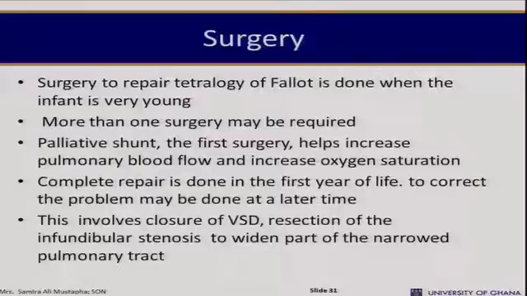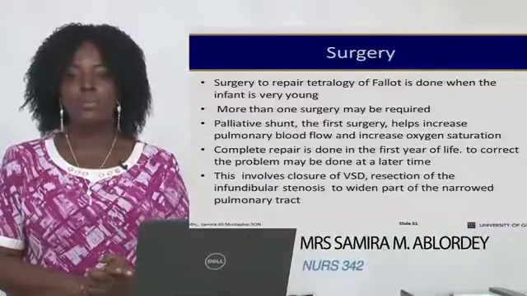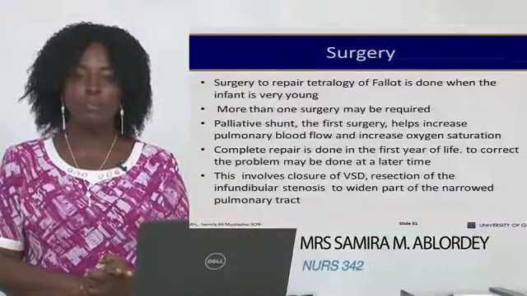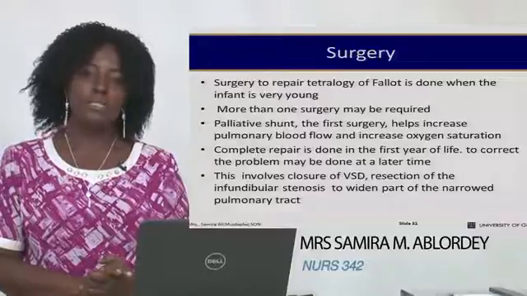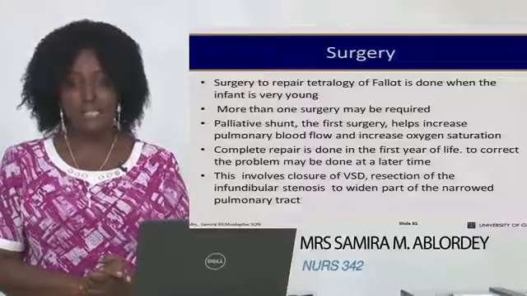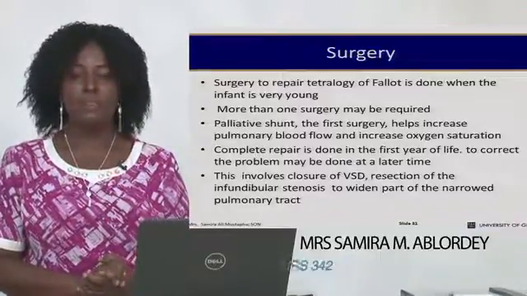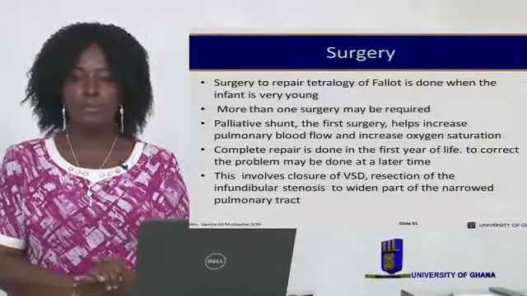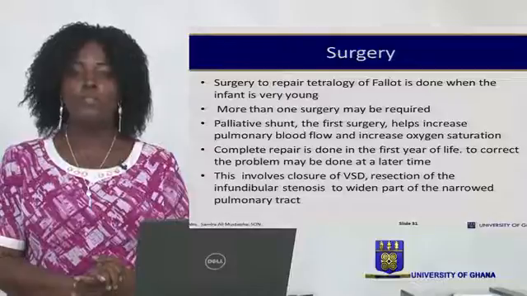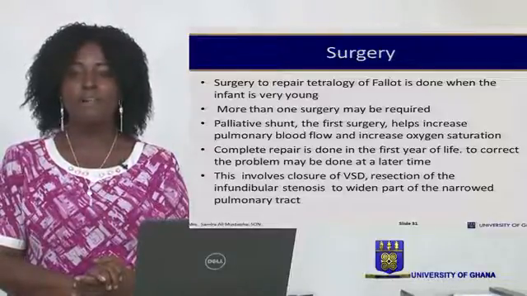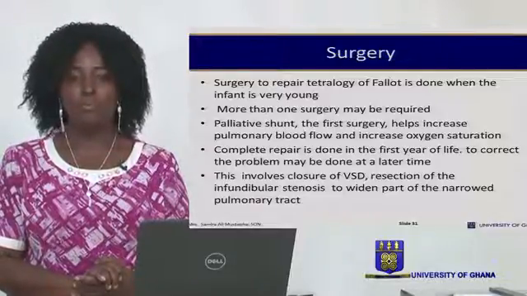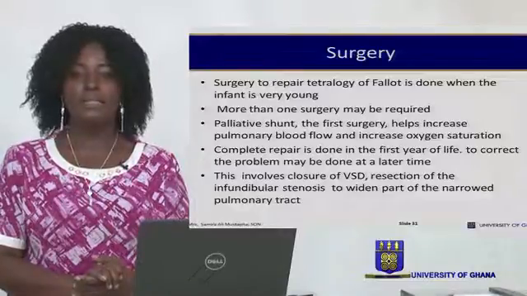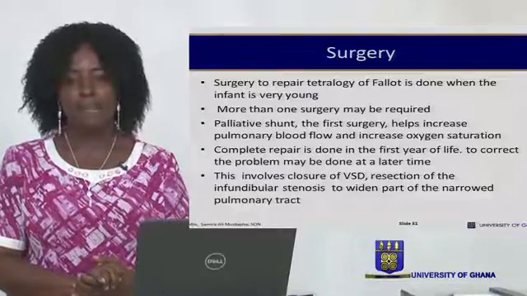Palliative shunt, the first surgery, helps increase pulmonary blood flow and increase oxygen saturation, and reduce the cyanotic spells they have. And complete repair is done in the first year of life to correct the problem, and may be done at a later time.